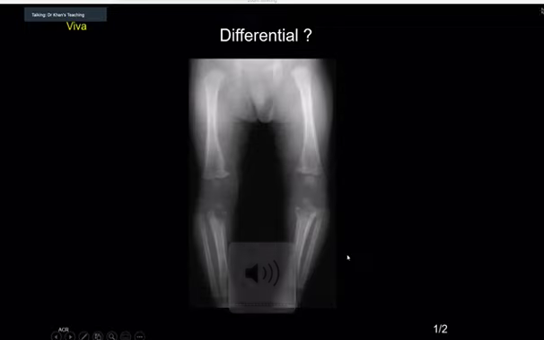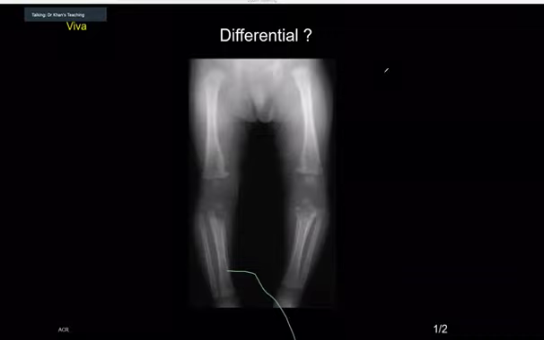The point is how to tackle a case of differential diagnosis in the exam. As we proceed further, we'll come back to these points again and again. But tackle this particular case as an example.